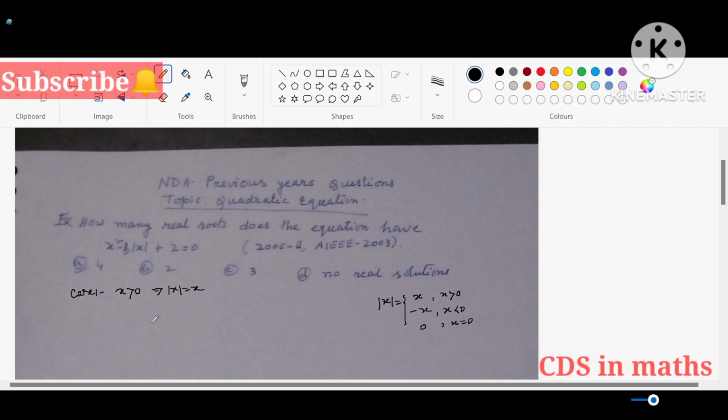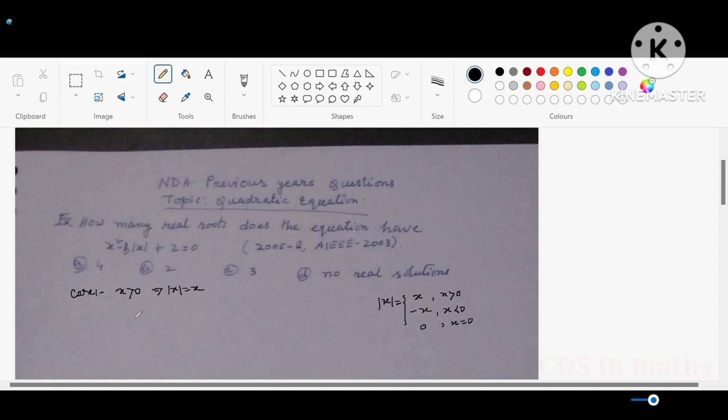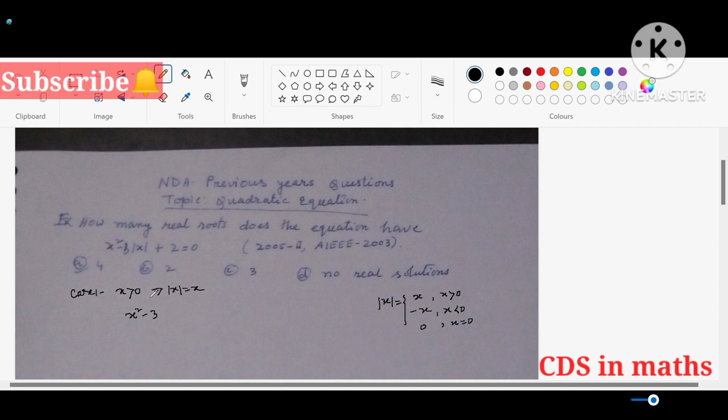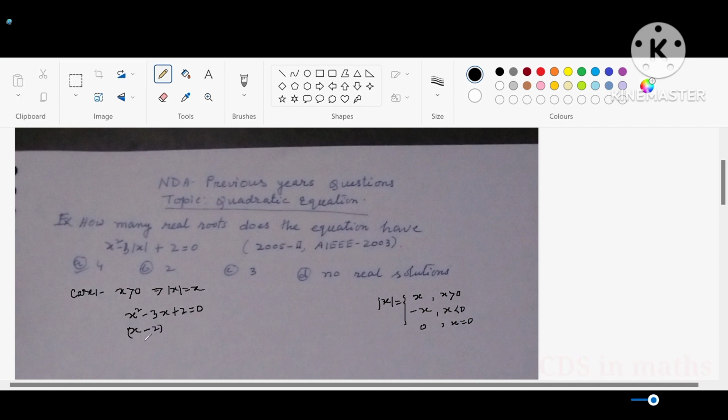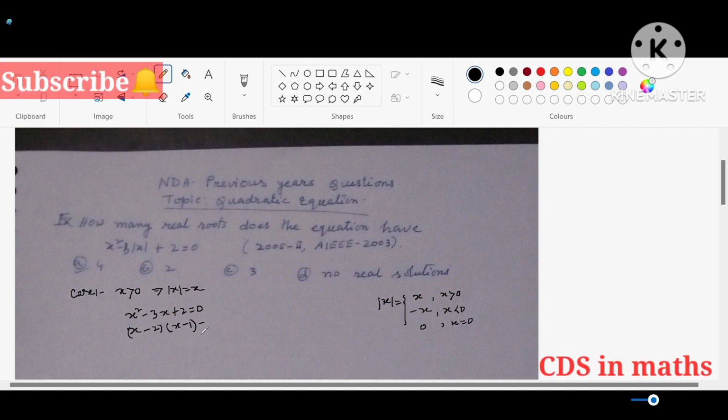Now case 1, if x is positive, then mod x will be x, then the equation will become x square minus 3x plus 2 is equal to 0. Now it is free of the mod symbol. We can solve it using the factorization method. So my factors will be (x minus 2) into (x minus 1), using the middle term method.